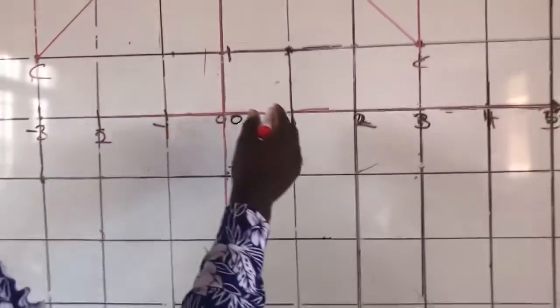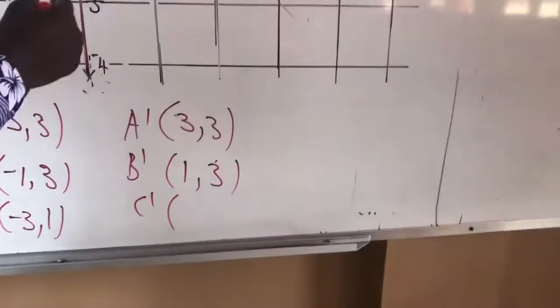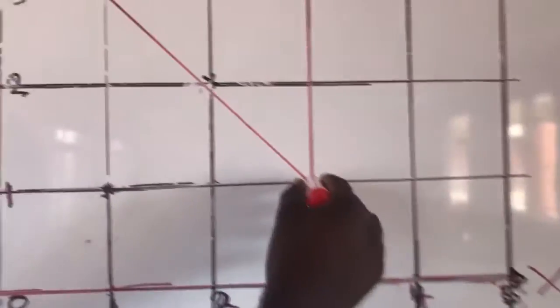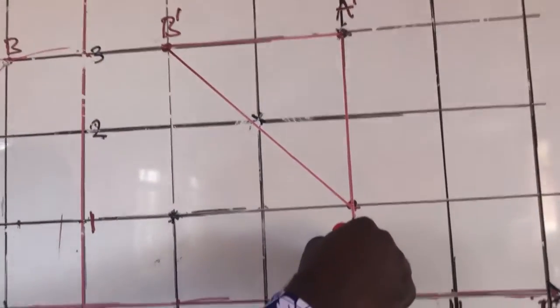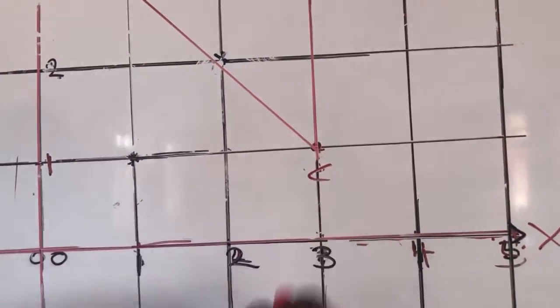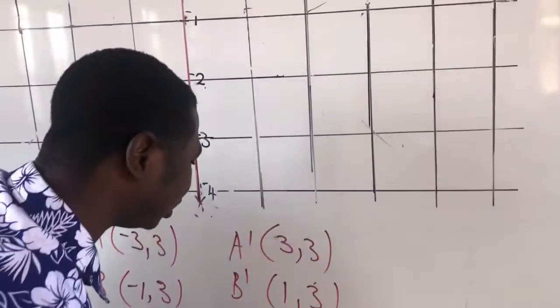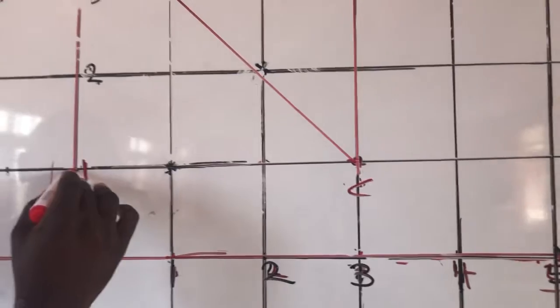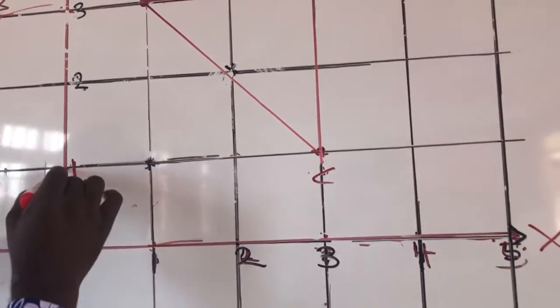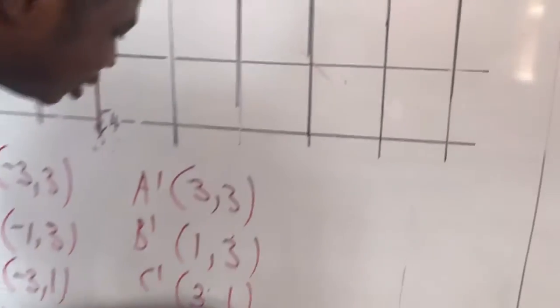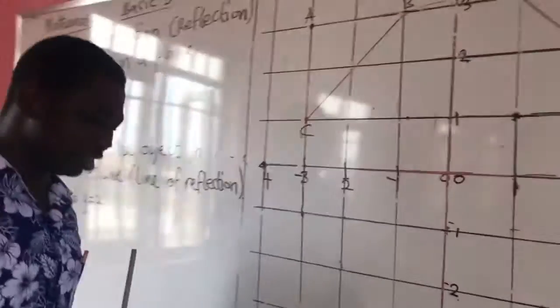Now let's come to the next one, C1. Let's now trace it and get the coordinates. Down is positive 3 on the x-axis. So x first, don't forget. Let's trace it to the y-axis. It is positive 1. Look at the coordinates.